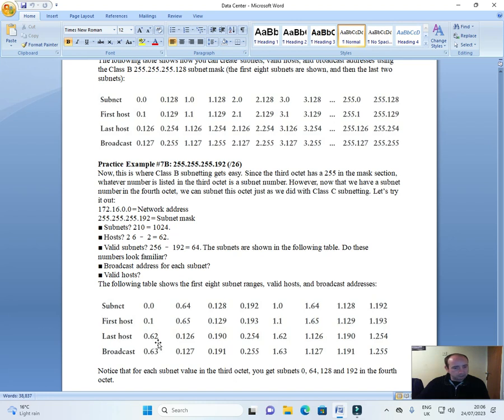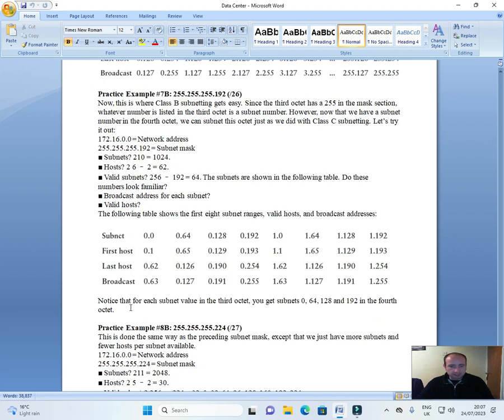Last host: 0.62, 0.126, 0.190, 0.254, 1.62, 1.126, 1.190, 1.254. Broadcast: 0.63, 0.127, 0.191, 0.255, 1.63, 1.127, 1.191, 1.255.